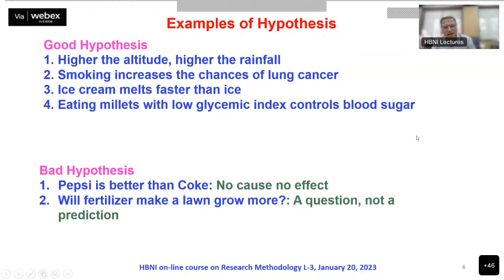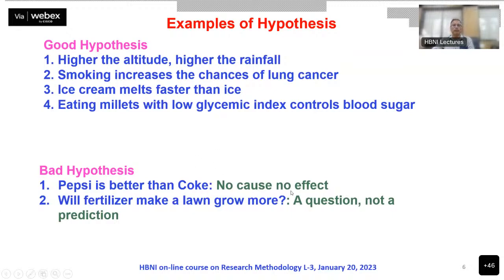Now, the bad hypotheses are like this. For example, Pepsi is better than Coke. It is not a proper hypothesis, no? What would you do to test this hypothesis? There is no cause, there is no effect. It is a question of liking. Somebody may like Pepsi, somebody may like Coke.